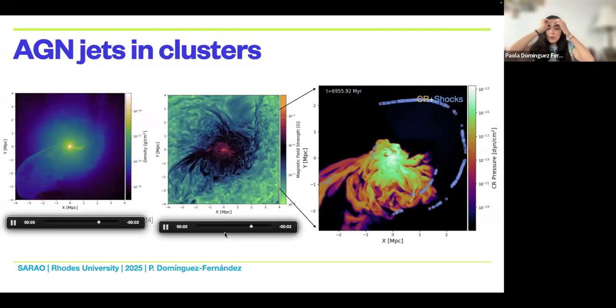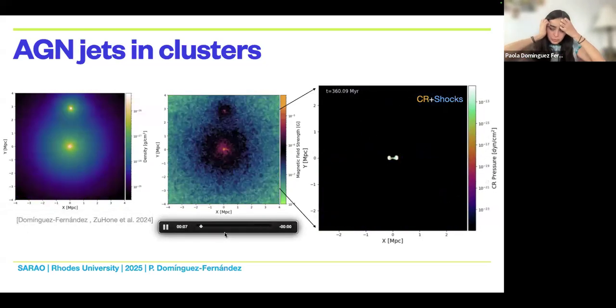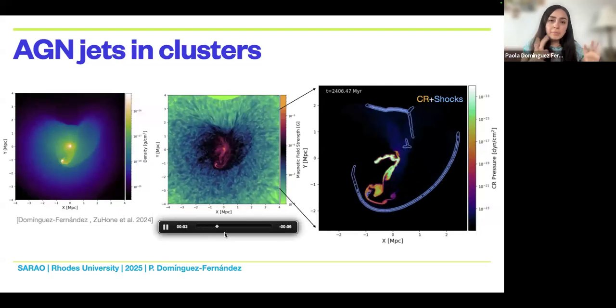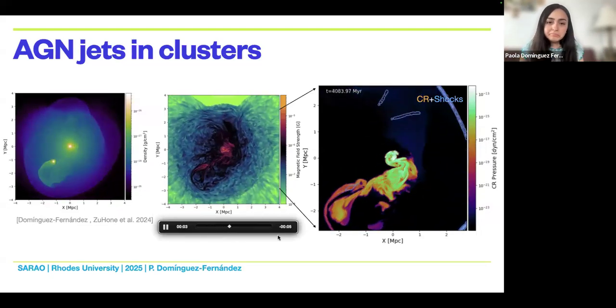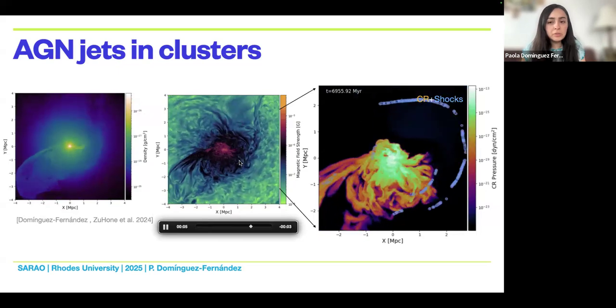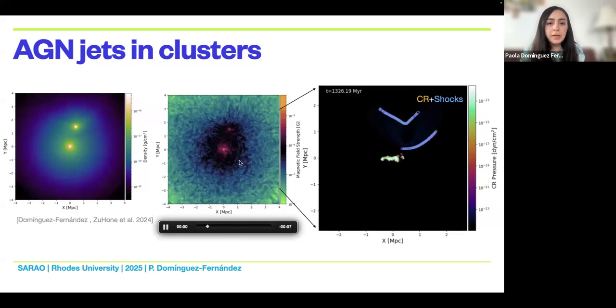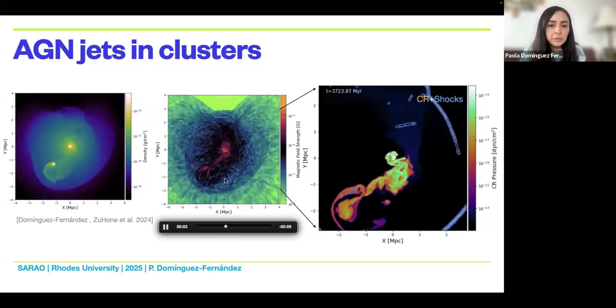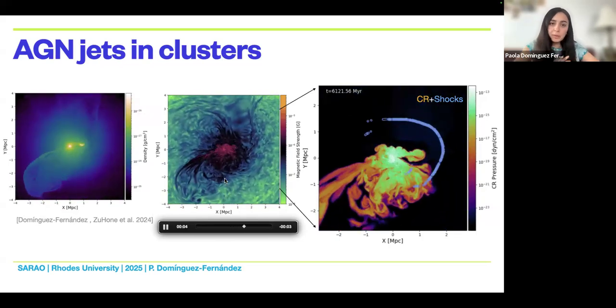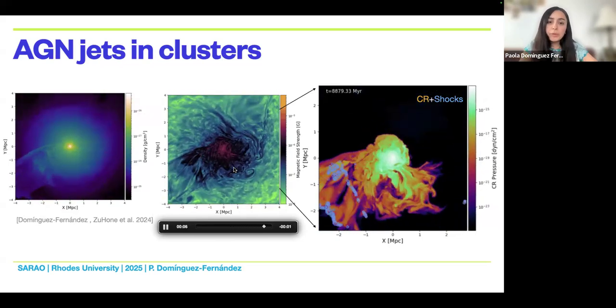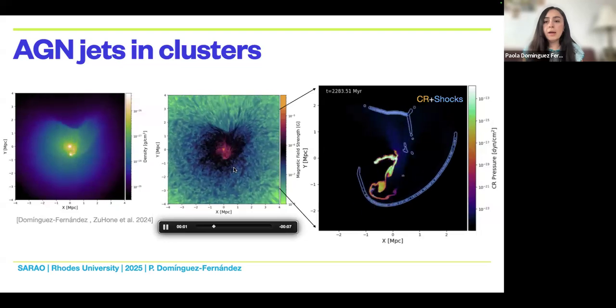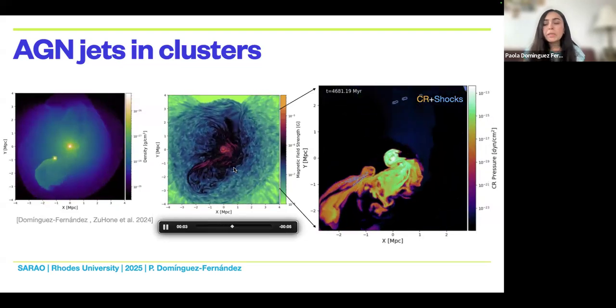Yeah, right. So we start with a magnetic field that is already random. And you can see that actually the merger, I don't know if you can see it here, but it does stretch the magnetic field lines, and it will amplify the magnetic field.